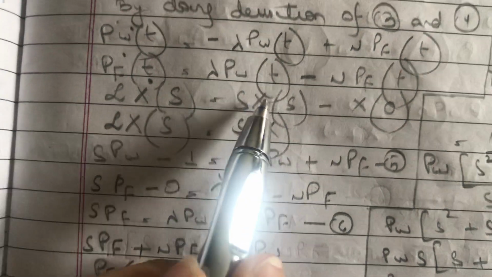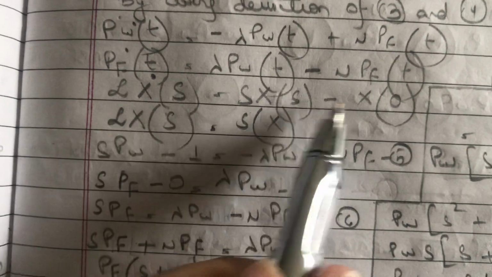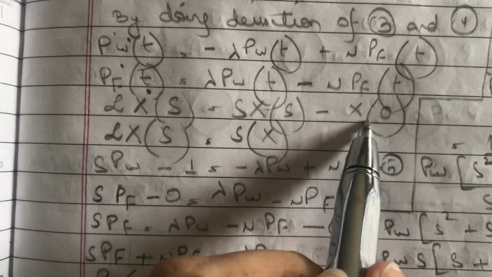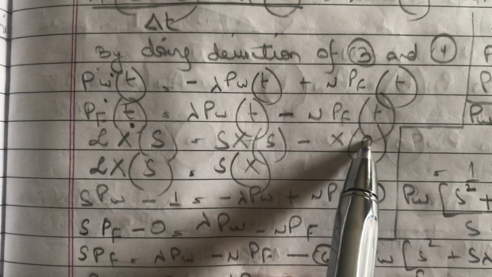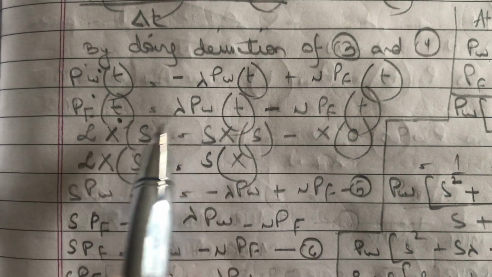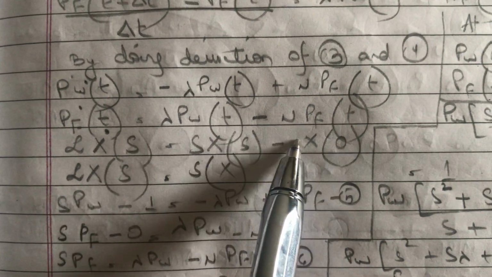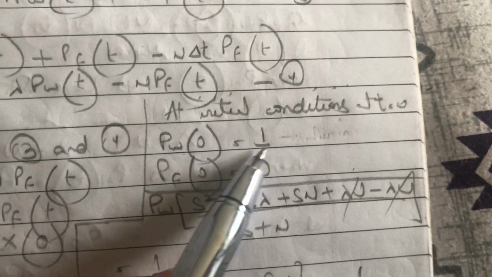As probability of pw minus x of 0, where x of 0 is when we have p of w at 0. We are taking x of s as pw. So we have pw at time 0, and as given before, pw of 0 is 1.